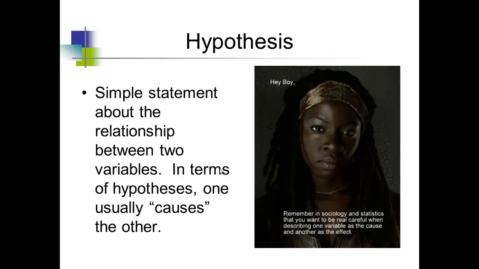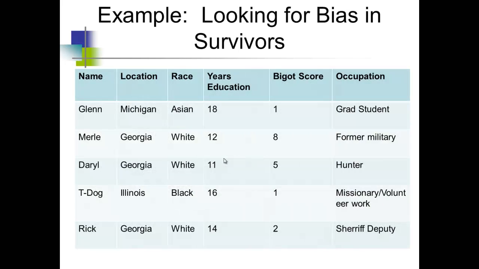We can't do that. So conceptually, you want to think about the relationship between variables being one causing the other, but you don't say that, just so we're clear. As for hypothesis language, we'll say that increases in variable A are related to decreases in variable B, and other such language like that.